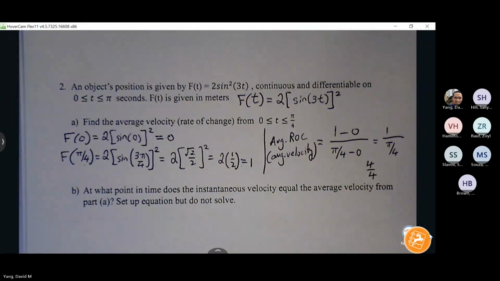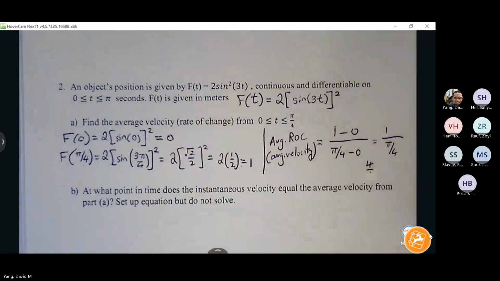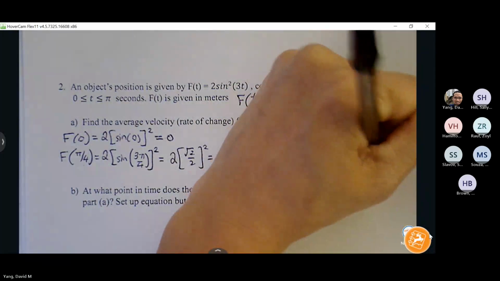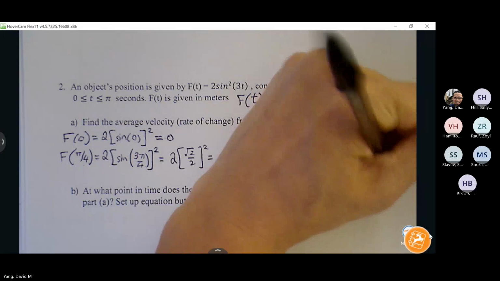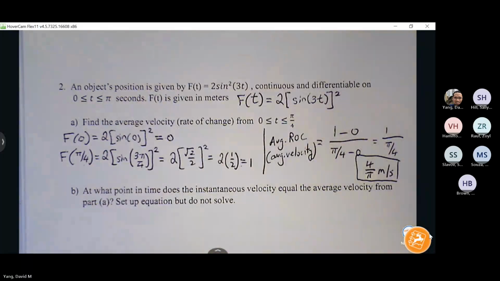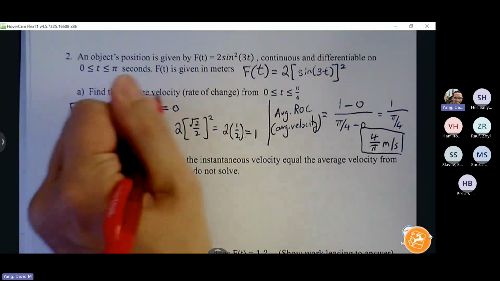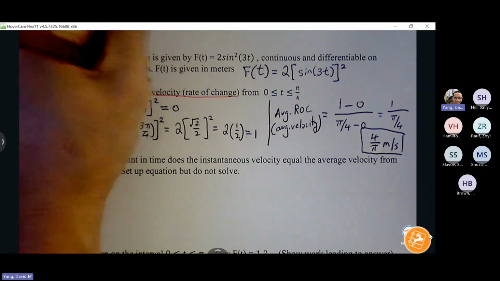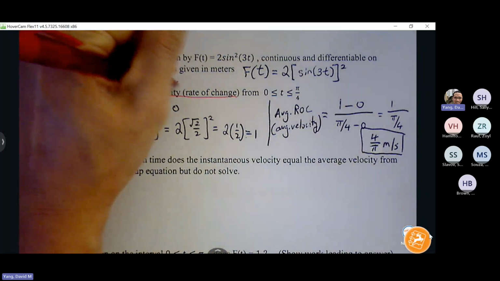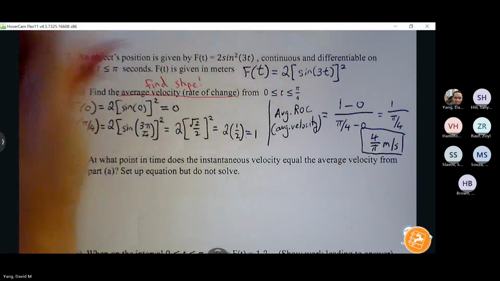Oops. Okay, so again, average rate of change, average velocity is just finding slope. All right, there's no calculus here.